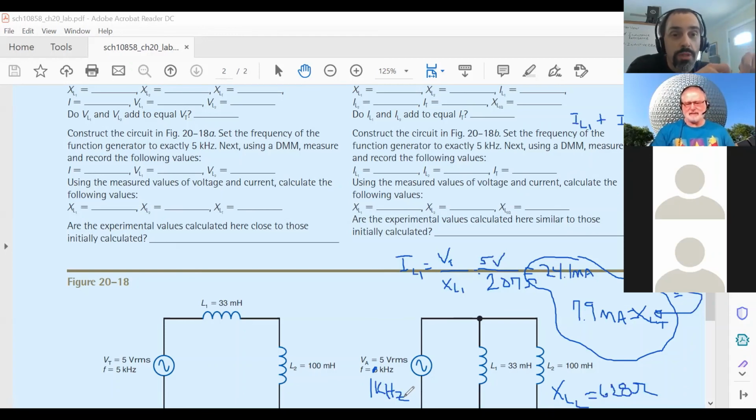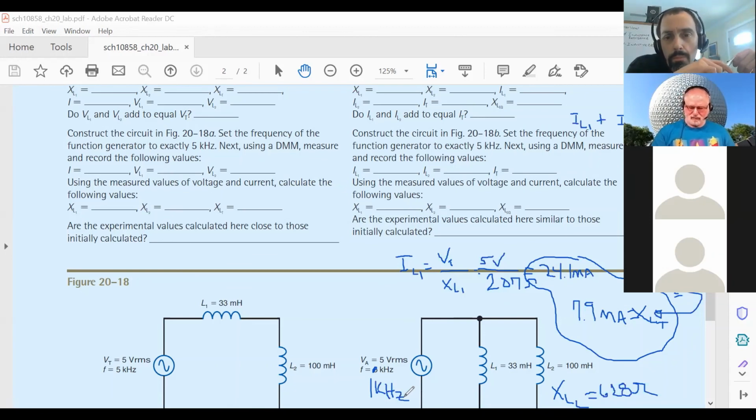So would IL1 be 4.8 milliamps? Let me see what you get. 5 divided into 207. I get 24.1 for the current.